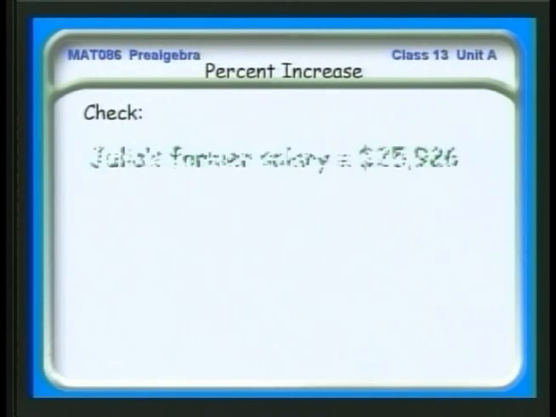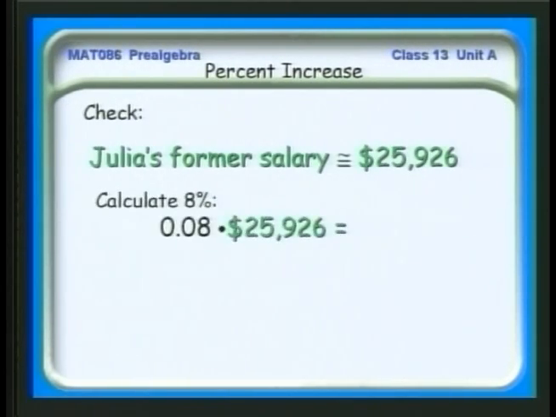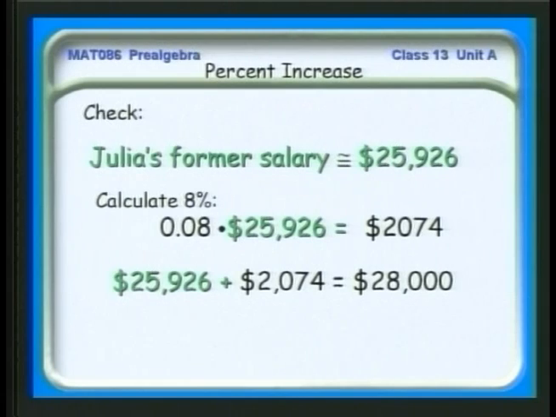Let's check that. We'll take the former salary and get 8% of that, and then add that to the former salary. In other words, the original plus the amount of increase is equal to the new amount. I find that this works out, and I am satisfied that I've done this problem correctly.